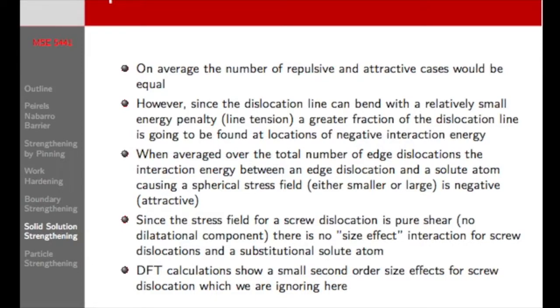And so the individual attractions and repulsions might be positive and negative, but on average, when you integrate over the energy, the fact that your dislocation wants to be near the negative interactions and away from the positive interactions means you are impeding the dislocation motion. It wants to stay in the low energy configurations.